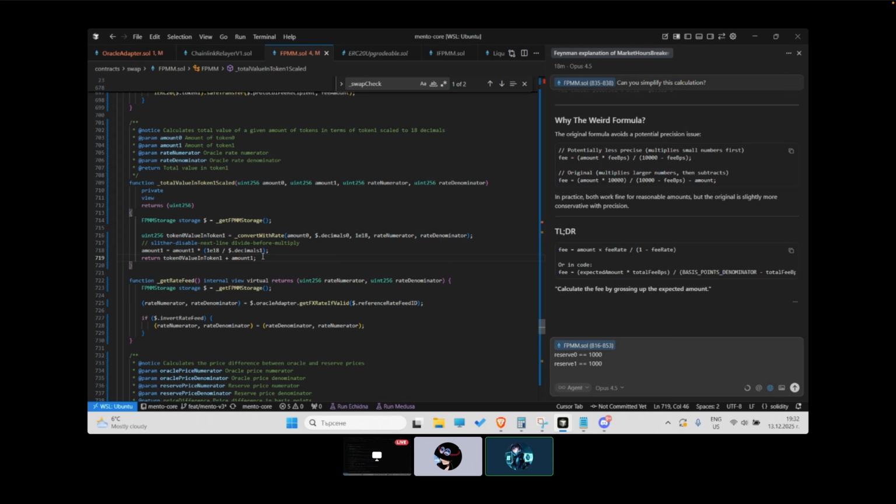They are adding them. So the invariant is not x y equals k. It's x plus y equals k. Right? Okay, so right there, k equals 2000.